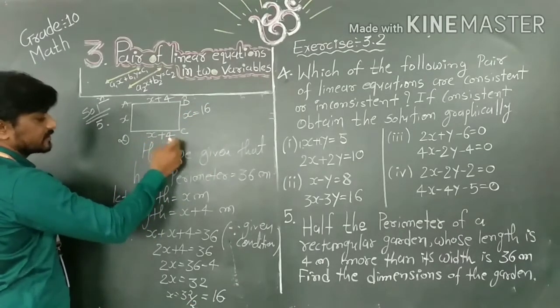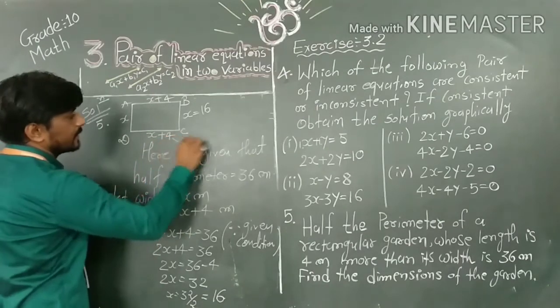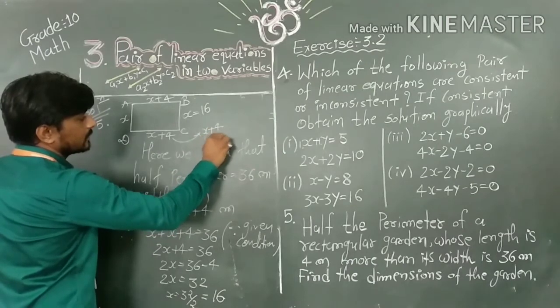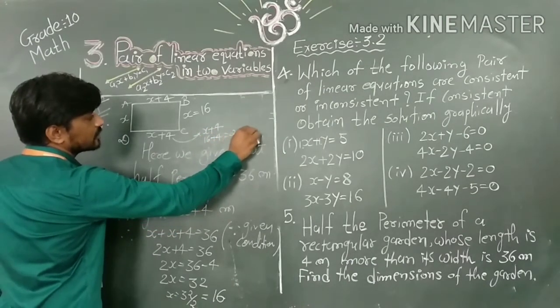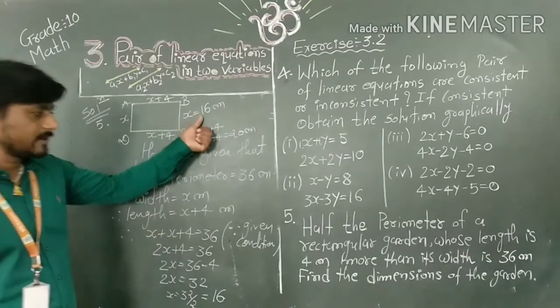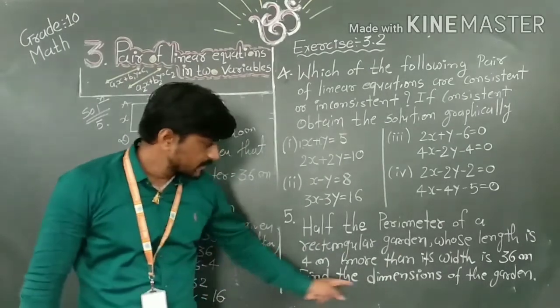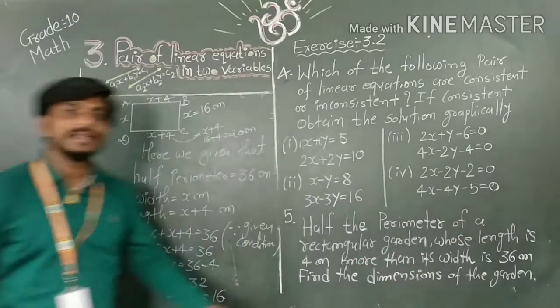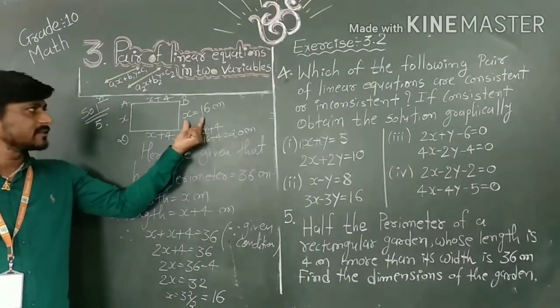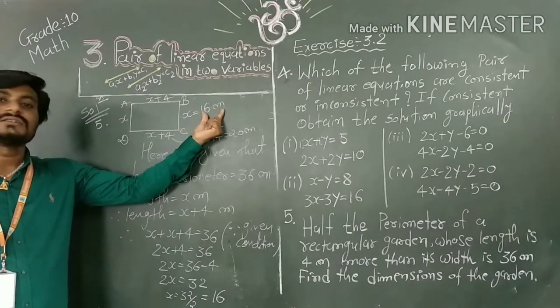Therefore 16 plus 4 is 20. If we put the value of x as 16, length is equal to 20 meter and breadth is equal to 16 meter. We wanted to find the dimensions of the garden, length and breadth. This is the length, 20 meter, and the breadth, or you can say width, is 16 meter.